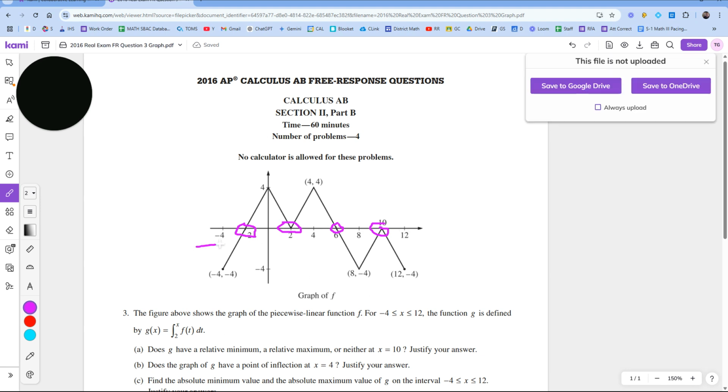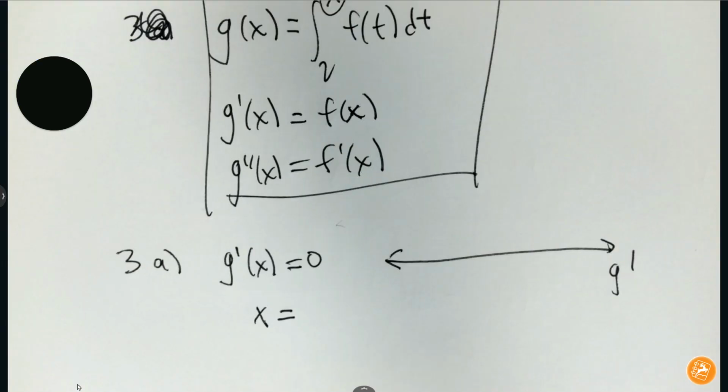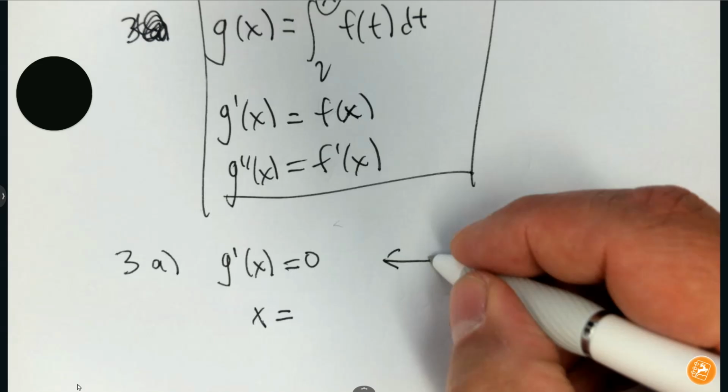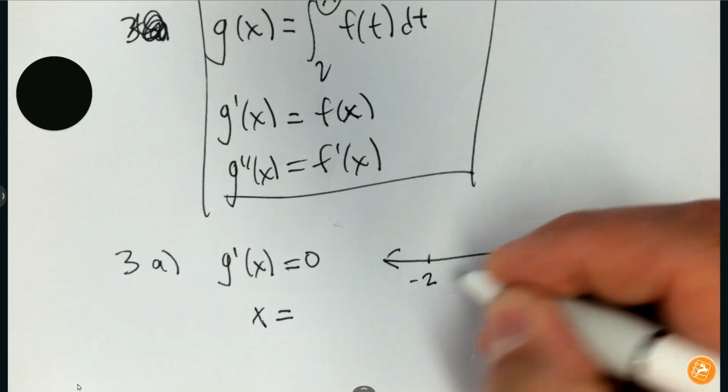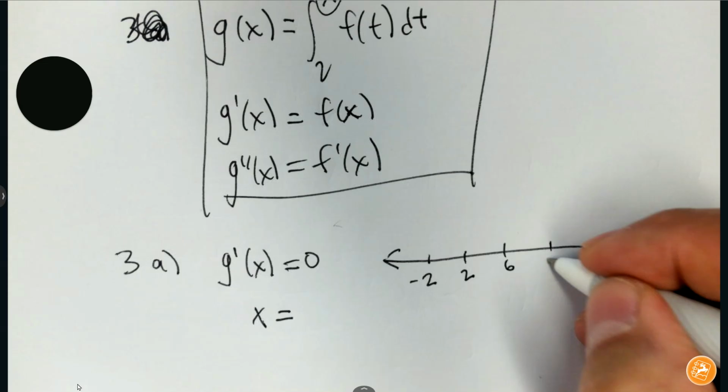And then if it's below, it's negative. If it's above, it's positive. So you can see what the signs are going to look like. So it's negative, positive, positive, negative, negative. All right, let's go back here. And again, the numbers, which are -2, 2, positive 6, and positive 10.